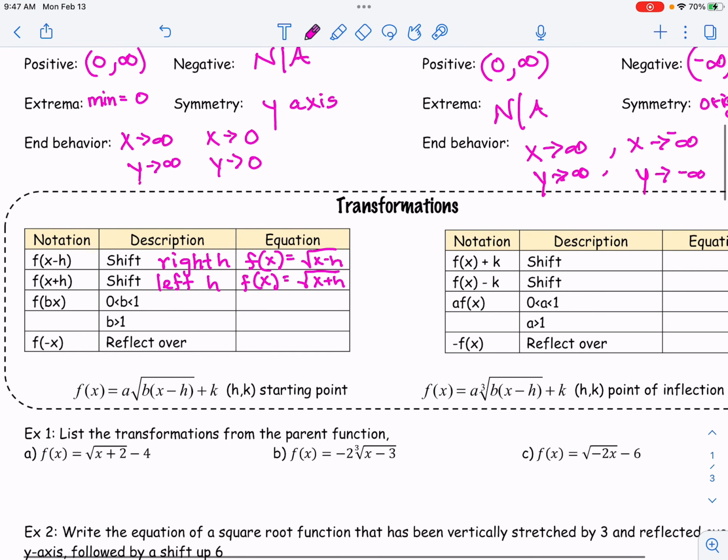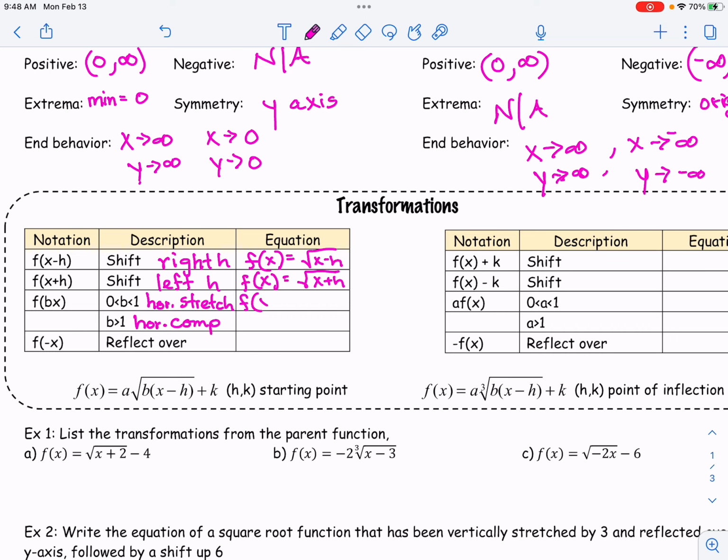If your b value inside with the x is between 0 and 1, that is going to be a horizontal stretch, because remember, you have to take the reciprocal. Horizontal stretch. If your b is greater than 1, that is going to be a horizontal compression.